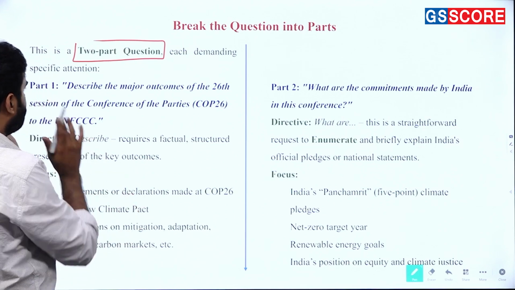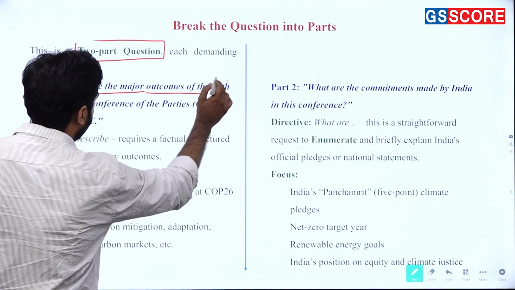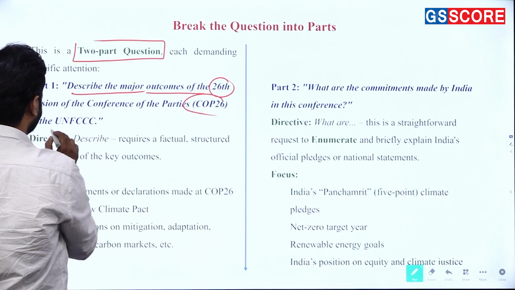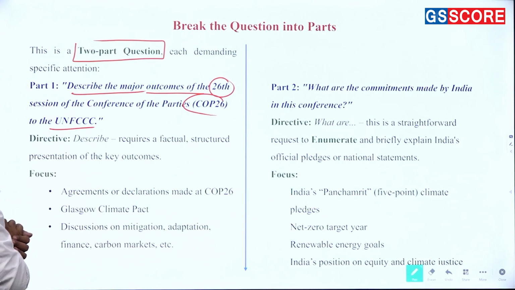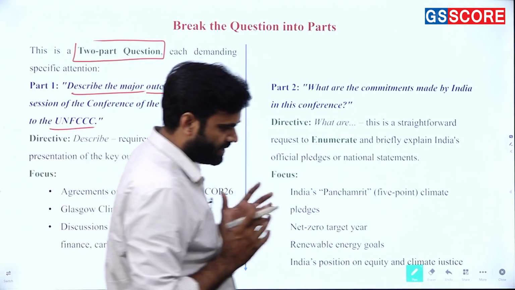The first part says: describe the major outcomes of the 26th session of the Conference of Parties to UNFCCC. We have to think about what the directive and the focus are. With the help of these two things, we'll find out what kind of knowledge is expected from our side.